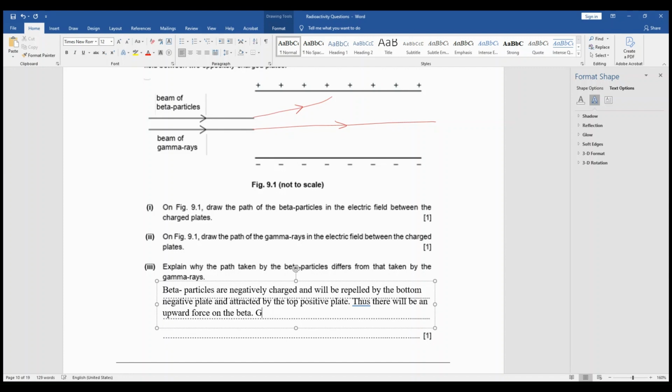Gamma particles are uncharged and thus not affected. Okay, and that's my 1 mark.